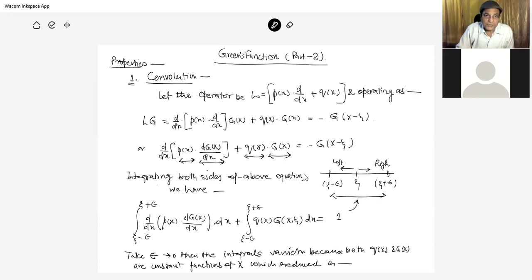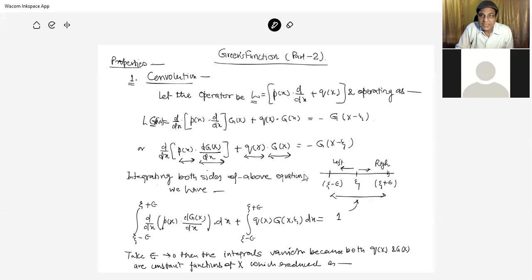Then this convolution is the differential operator L, and this differential operator is p(x) d/dx plus q(x). When it is operating on the Green's function G(x, a), this is the Green's function. Then it is d/dx of p(x) dG/dx plus q(x) G(x) equals minus delta(x minus xi).